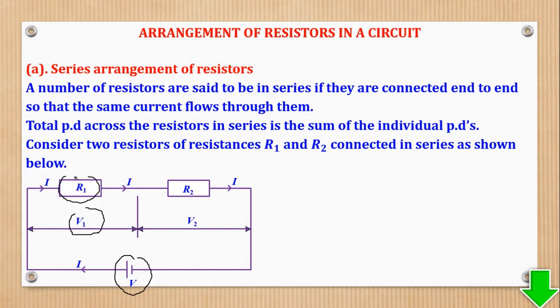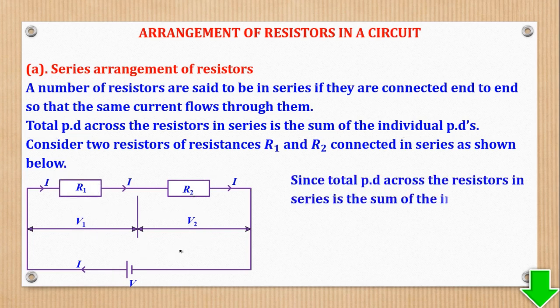Remember, we saw in the previous video that V is equal to IR. Because we have I and R, they should give a PD. V2 is the PD across R2, V1 is the PD across R1, and when you add these PDs, you get the total PD. The total PD is equal to the sum of the individual PDs.